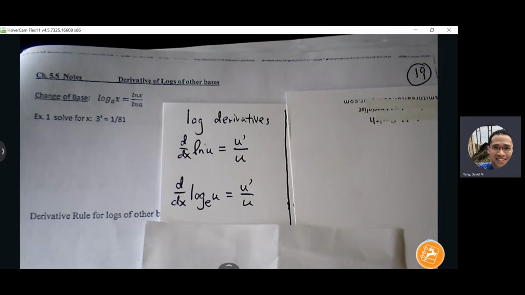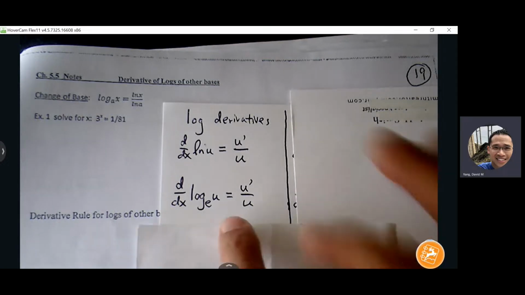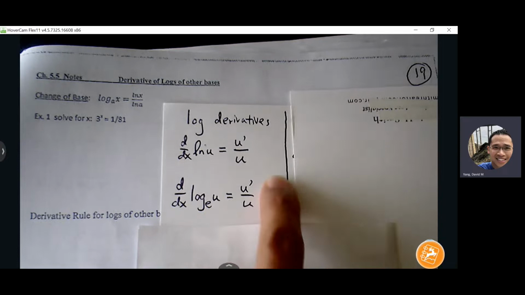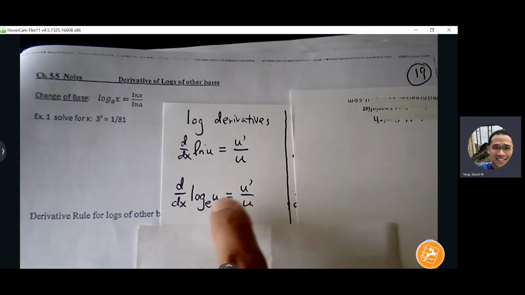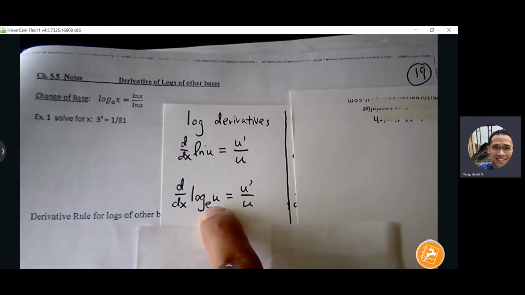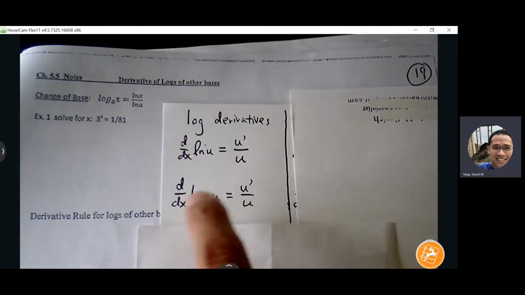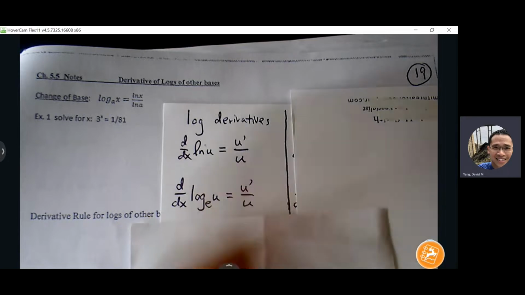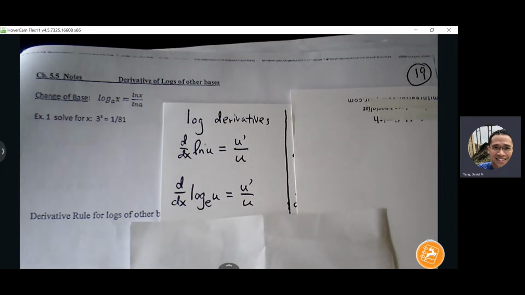Okay. So here's what the rule looks like. If I have logs of other bases, I'm still going to get that u prime over u, but there's going to be a little bit of conversion that needs to happen because it's not base e. So basically, if it's other bases, we're converting into base e, and then we're doing u prime over u.